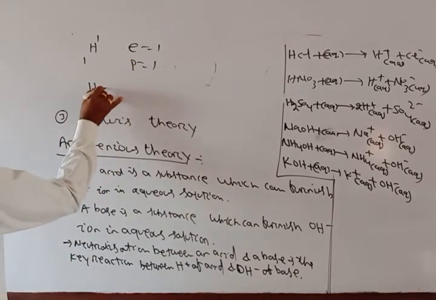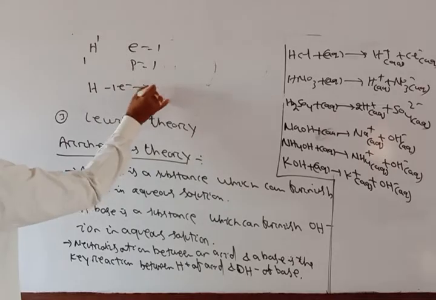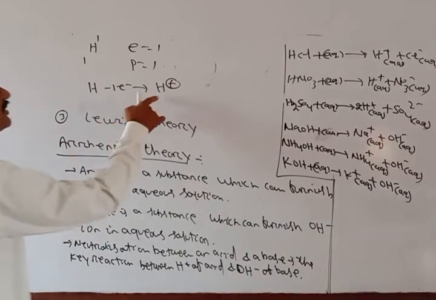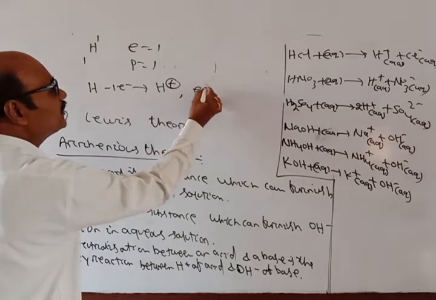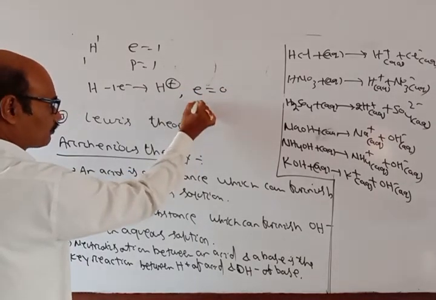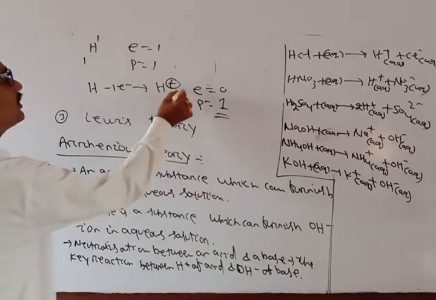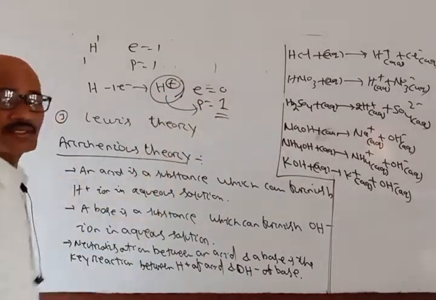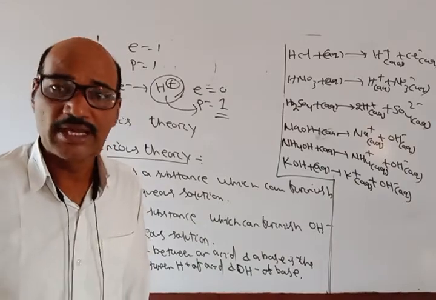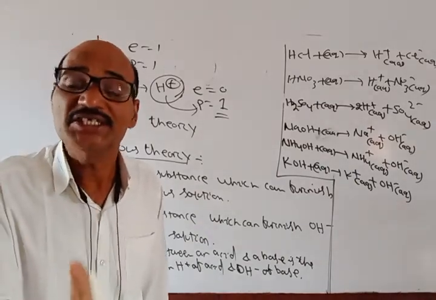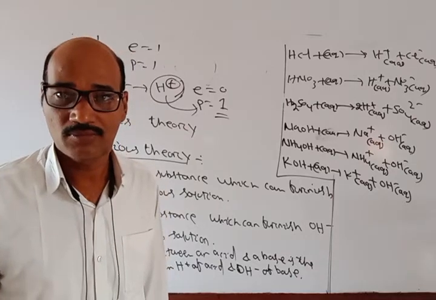Now H minus one electron is H plus. That means the number of electrons is 0 and protons is 1. So H plus is nothing but a proton, and this proton is unstable. It cannot exist independently.